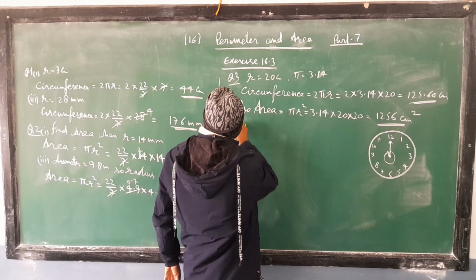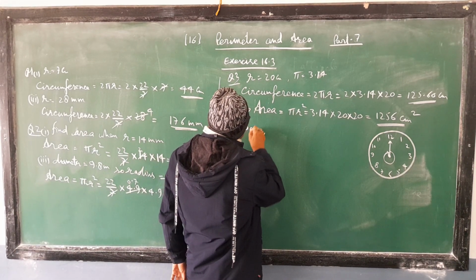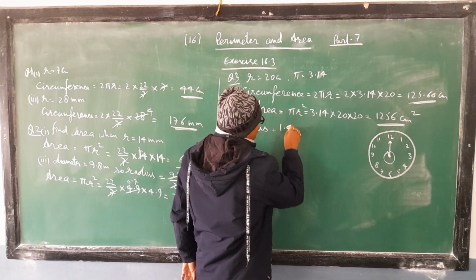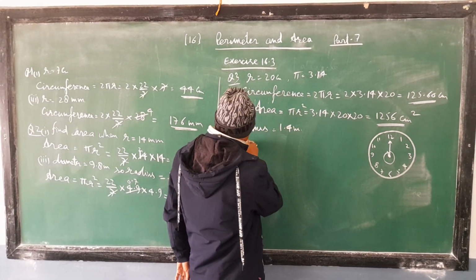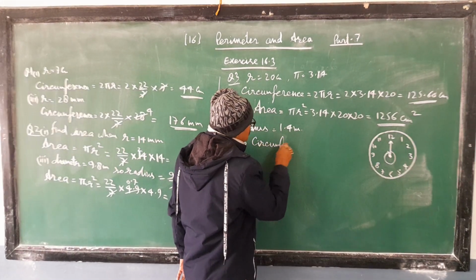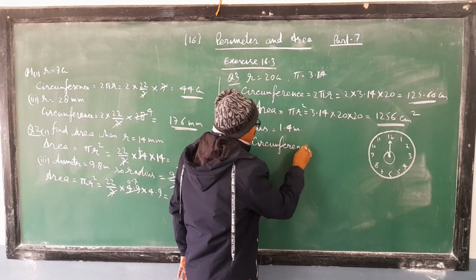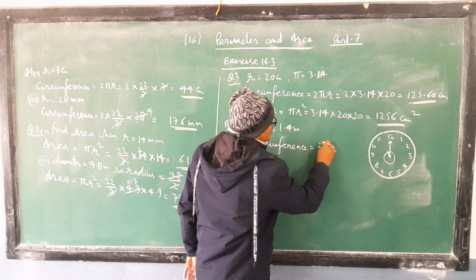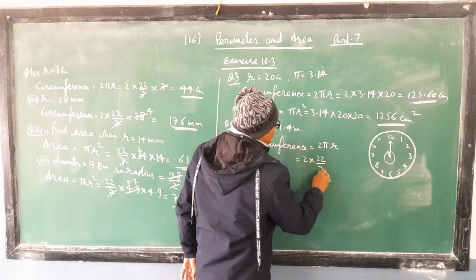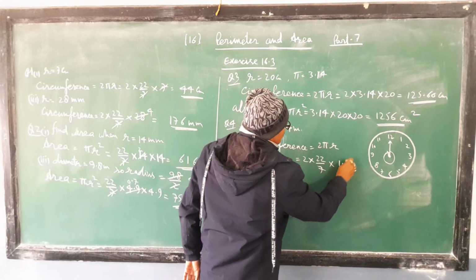Question number 4. Radius is equal to 1.4 meter. So circumference is 2 pi r, which is 2 into 22 by 7 into 1.4.